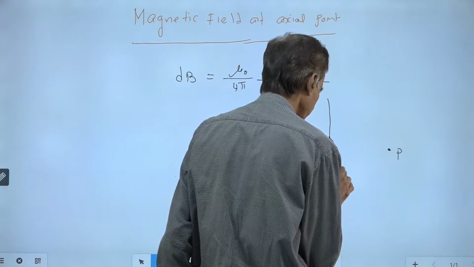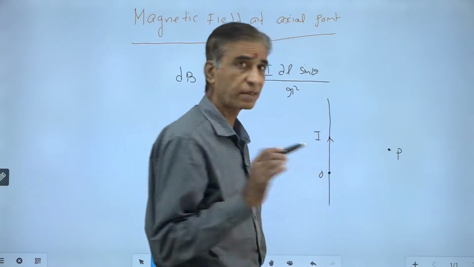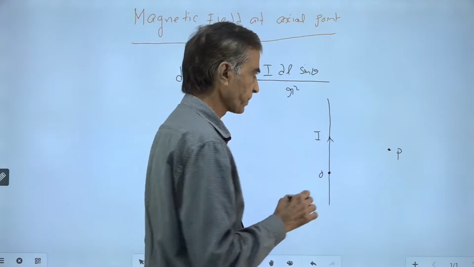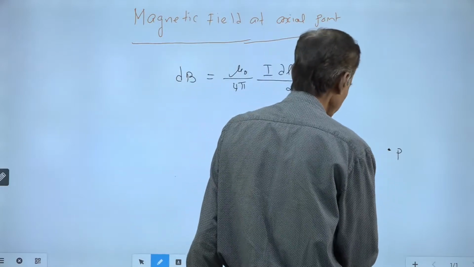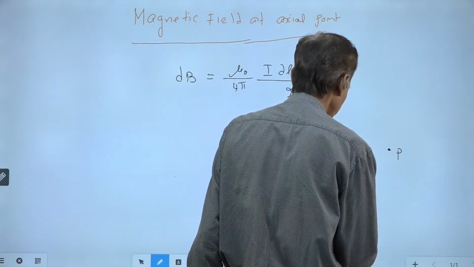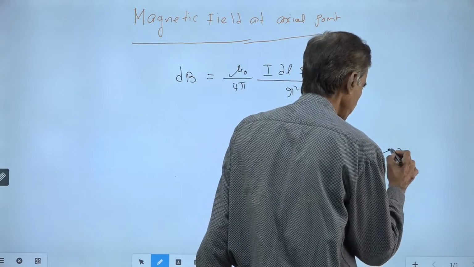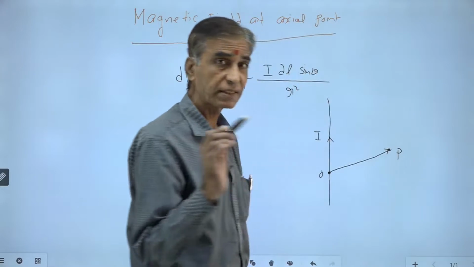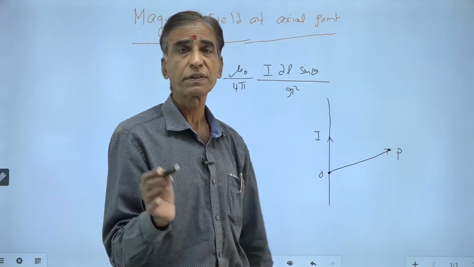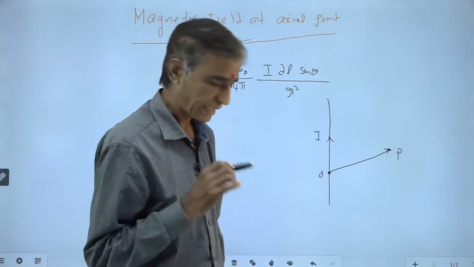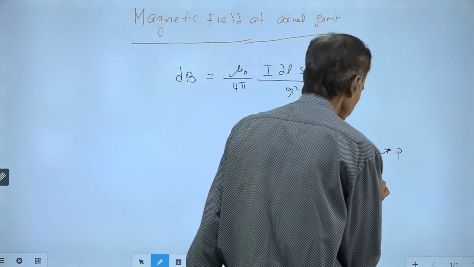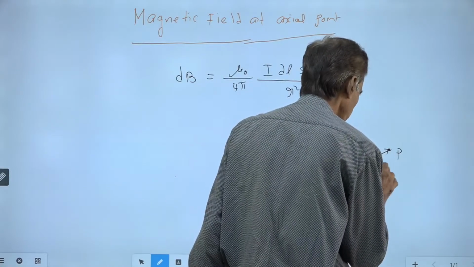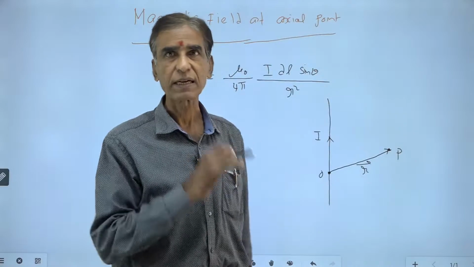I am taking this as my origin, say point O, a reference point. Now, when I join this point P to point O, this is the position vector of the point P, that is OP is the position vector of the point P in space, right. That means this we write as r vector.